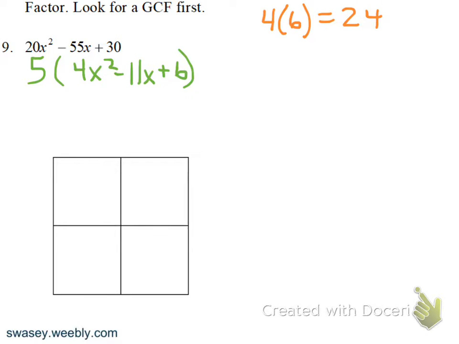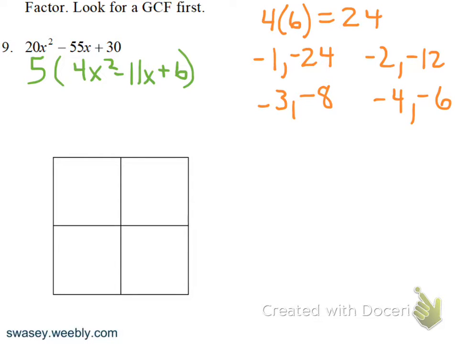Looking for factors of 24 that add up to negative 11. The bigger one has to be negative, and they have to be the same signs, so they're both negative. The pair that adds up to negative 11 is negative 3 and negative 8. Split the middle term.